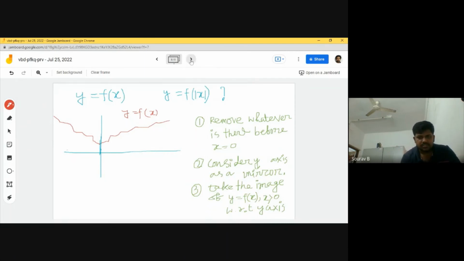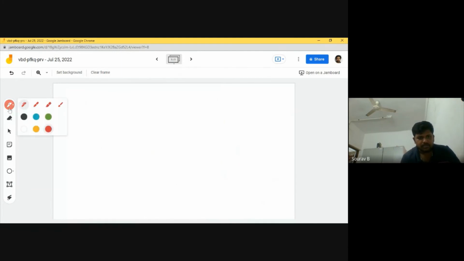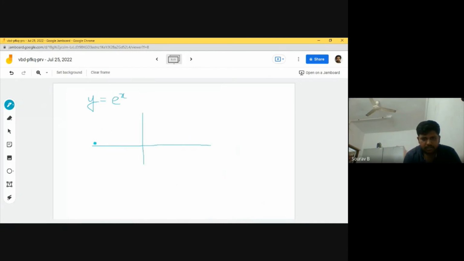So let's take an example. Let's say y equal to e to the power x. This is given. So you already know how the y equal to e to the power x curve looks. So you will draw it. Then you will be asked to find y equal to e to the power mod x.